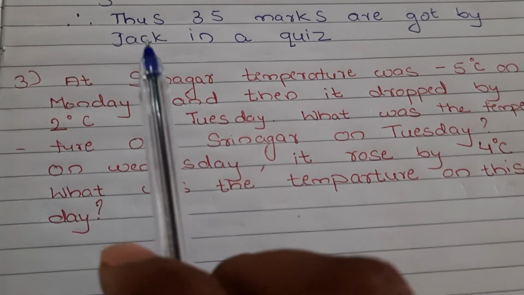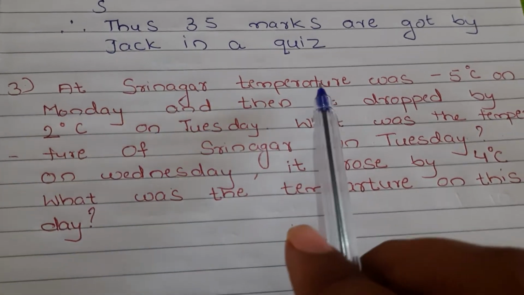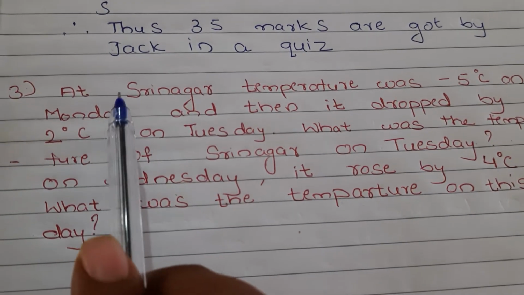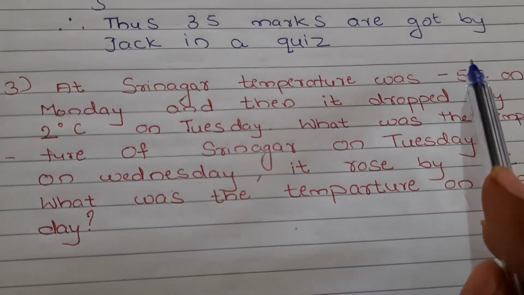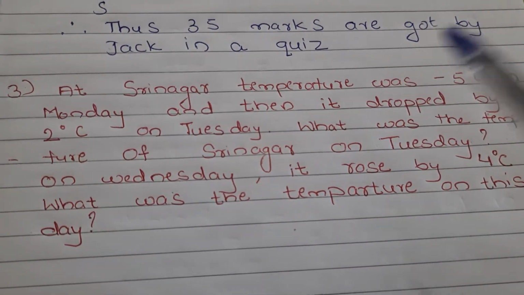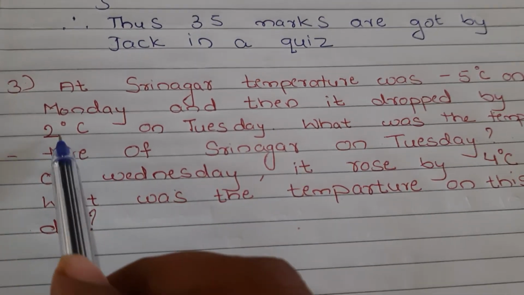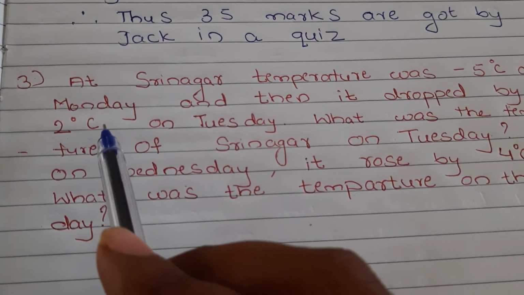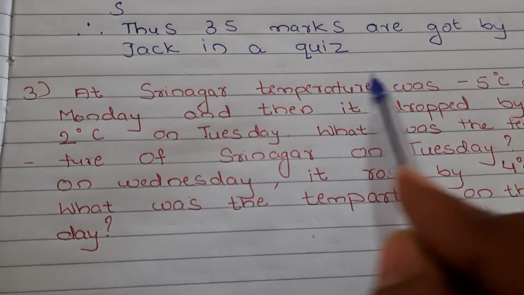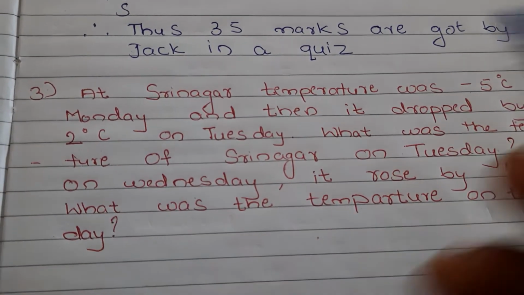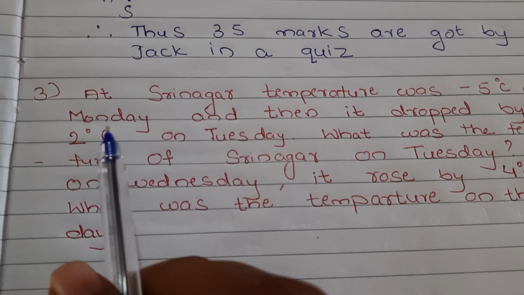Listen here, students. In Srinagar, the temperature is minus 5 degrees Celsius on Monday. Again, then it dropped, means it decreased. How much? 2 degrees Celsius. It will decrease 2 degrees Celsius on Tuesday. Monday it is minus 5. On Tuesday it will drop 2 degrees Celsius.